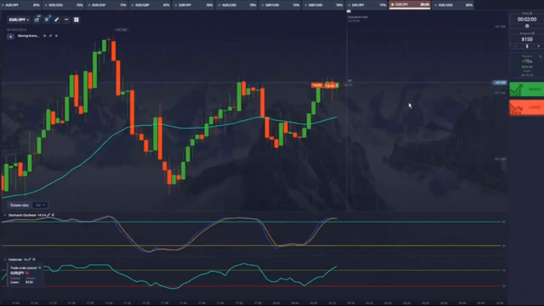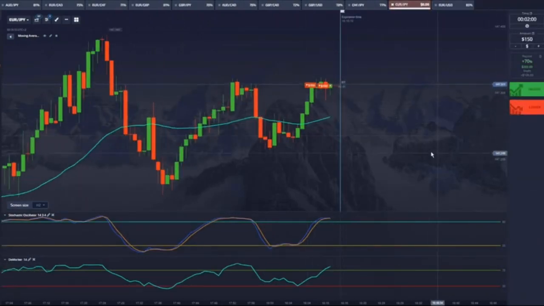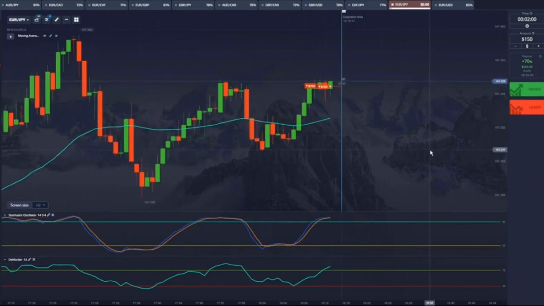Here the moving average is moving between the candles, indicating a small ranging move in the market trend.